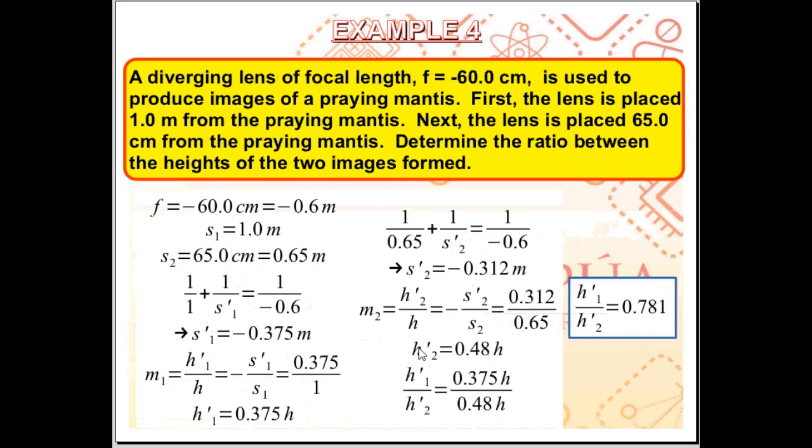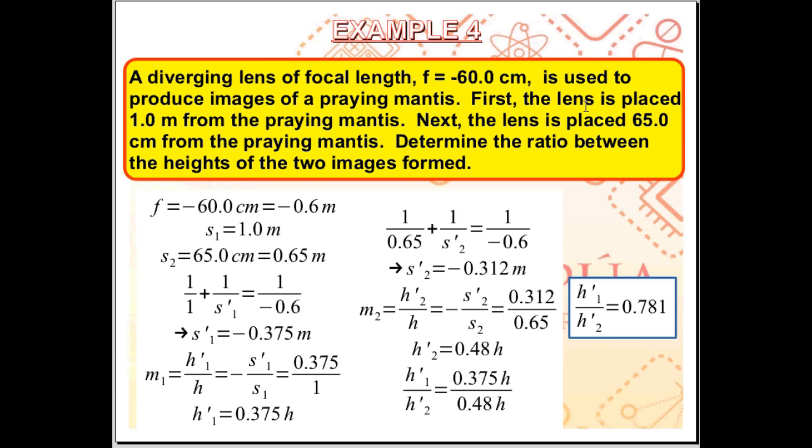Next, we have example number 4. This time we have a lens, in particular a diverging lens of focal length f equal to negative 60 centimeters. The lens is used to produce images of a praying mantis.